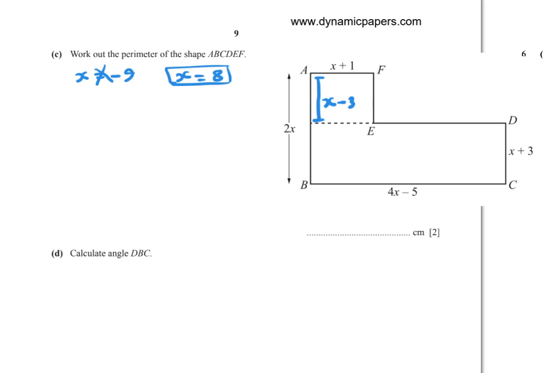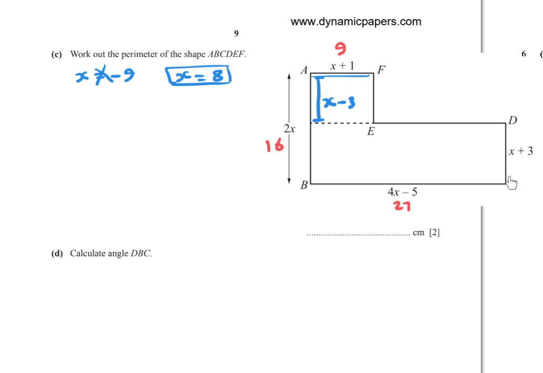So if we start from this side, its length is x plus 1, so 8 plus 1, so 9. And for that one, 2x, so 2 times 8, so 16. For the next side, 4x minus 5, so 4 times 8 minus 5. 4 times 8 is 32. 32 minus 5, so 27.